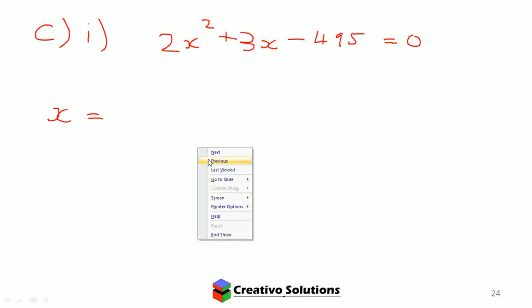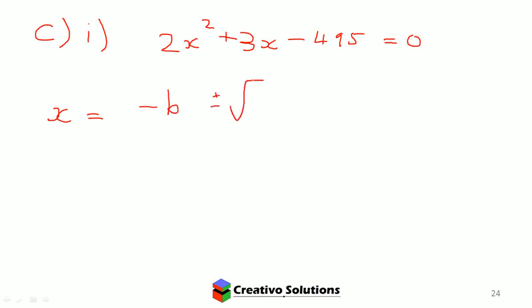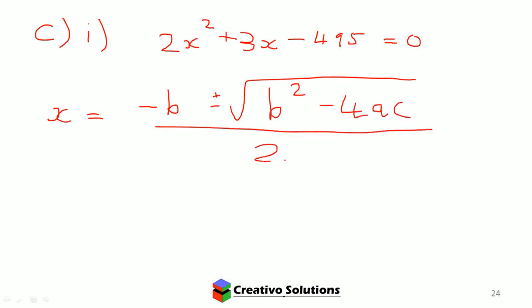I need more space on this side before I do the square roots. Okay, so I'm going to use the quadratic formula in order to do this calculation.